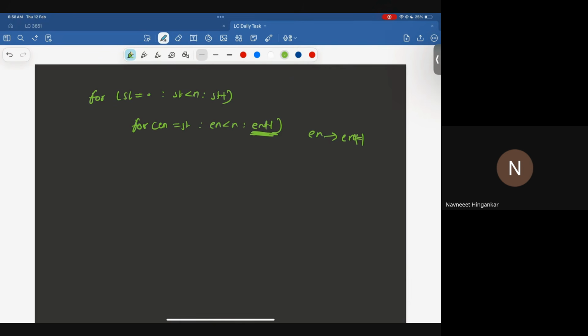How we will do that is, because my end pointer is moving from left to right, I need to make sure that whatever the contribution is, it is happening due to the first element. In this case, it's very simple: whenever you find the first occurrence, you will just increment the distinct element count, right?